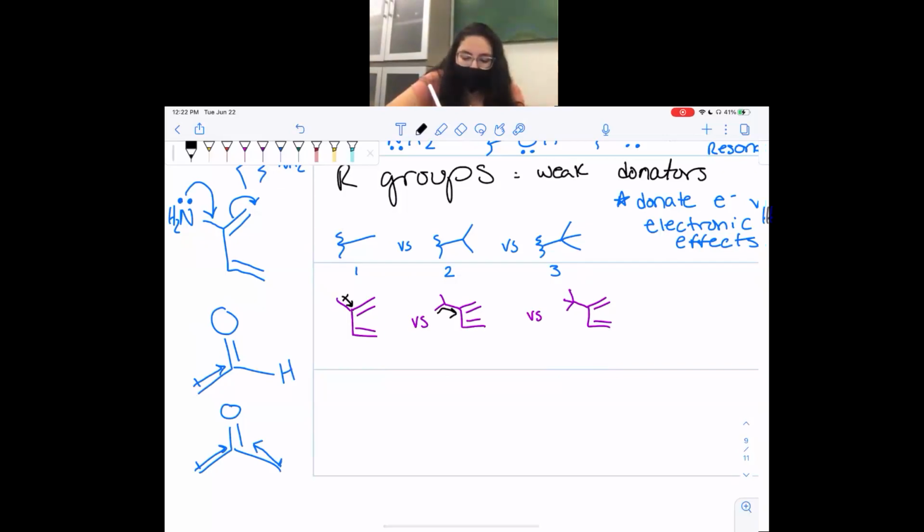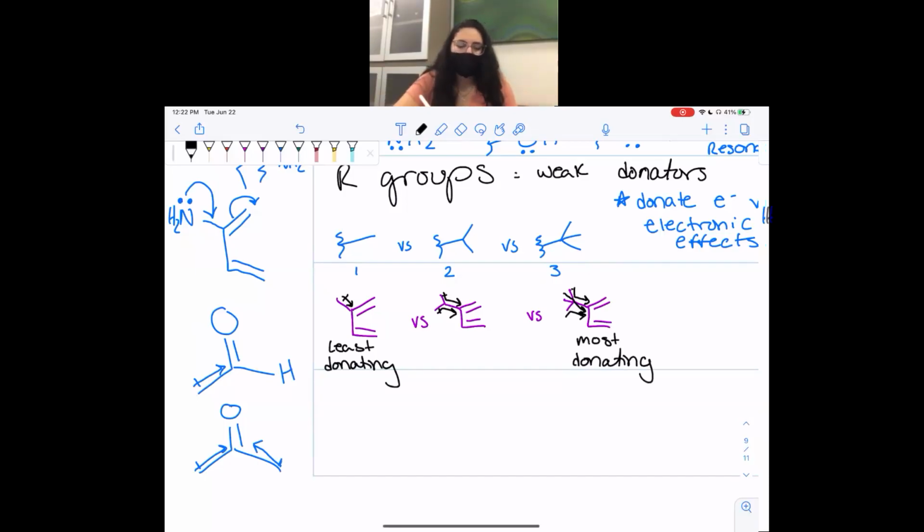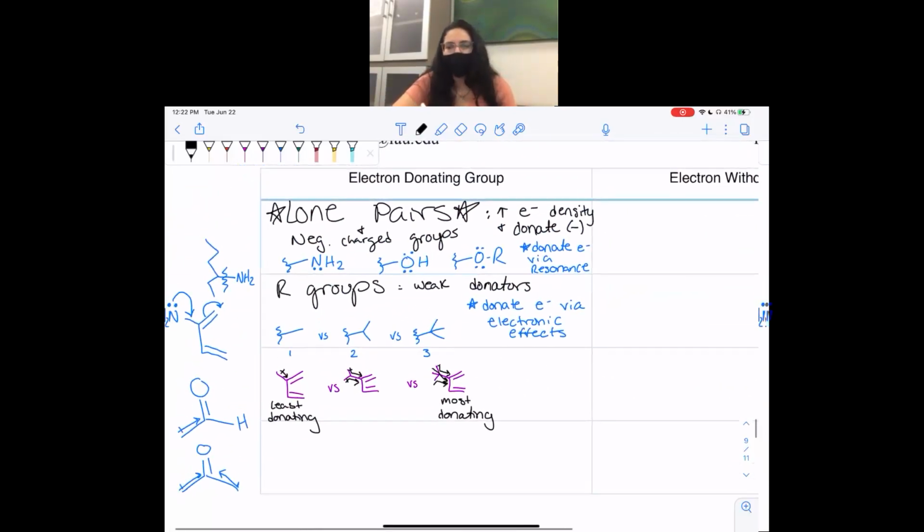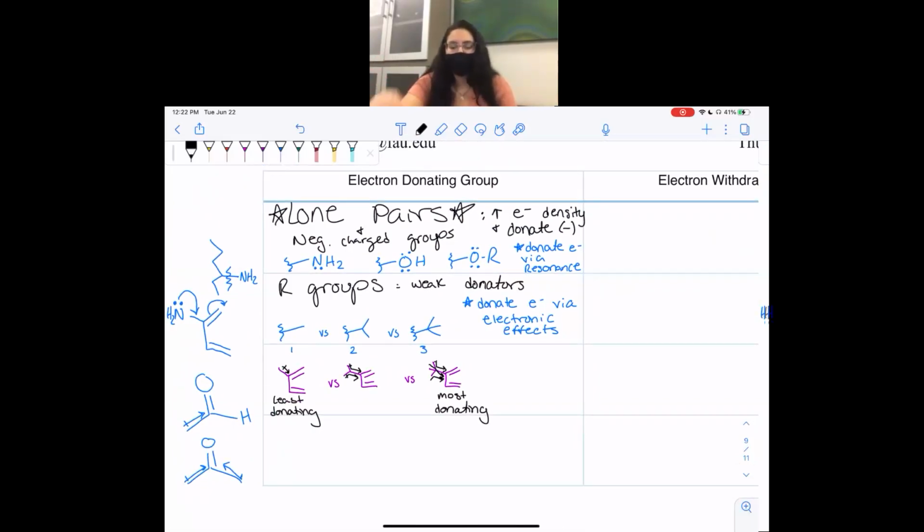Here we have 2 donations. Here we have 3 donations. So this one is going to donate the most, and this one is going to donate the least. Least donating, most donating. So hopefully that makes it a little bit clearer because it's more explicitly stated.